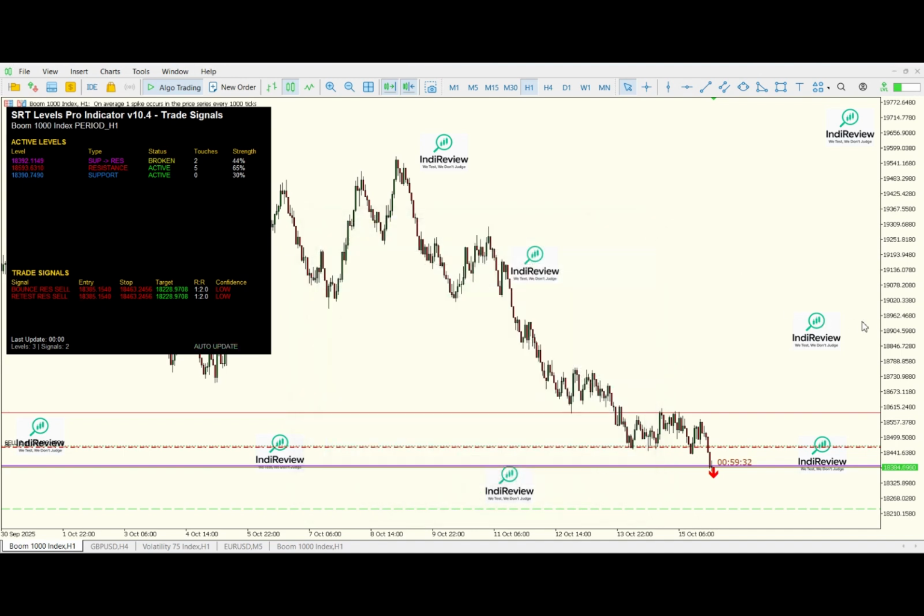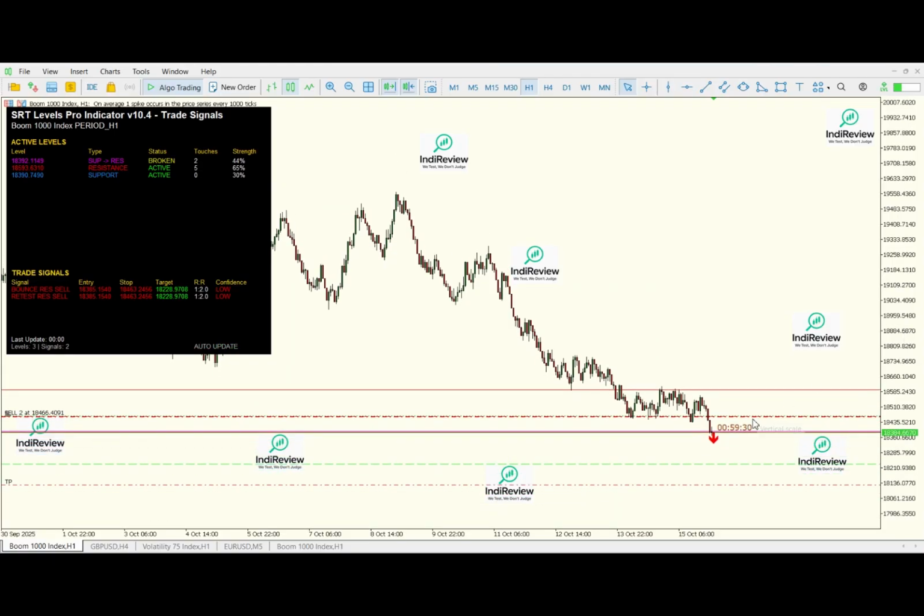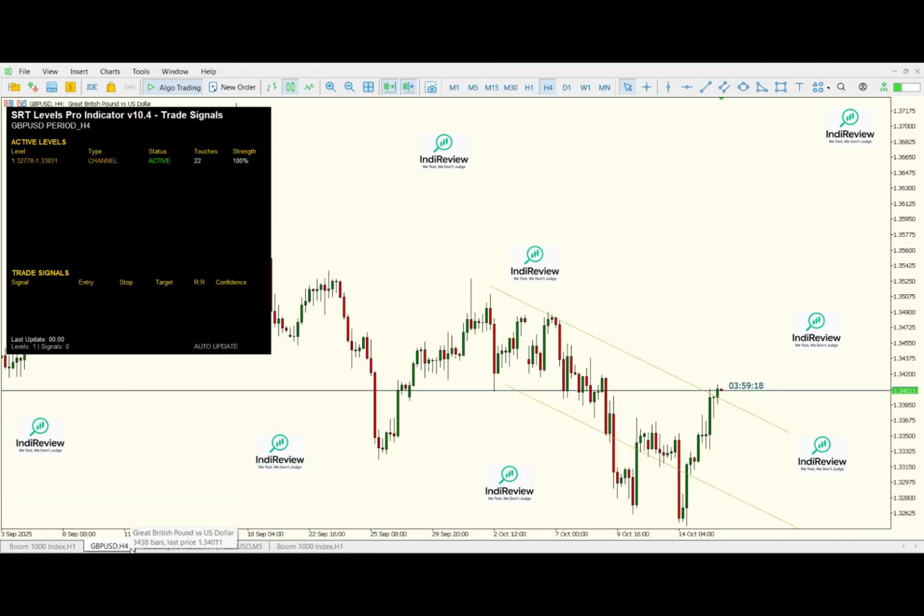Now when you look at it, it's giving a signal which is sell from here to here, and our stop loss should be here, right? And then when we check, let's see, this one should give us a signal. We don't have it here.